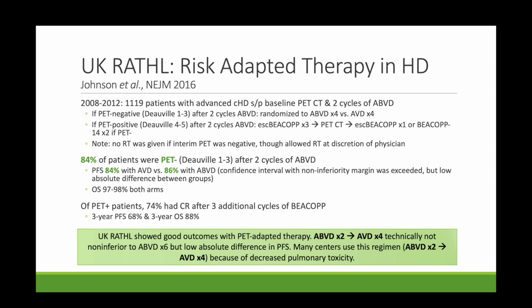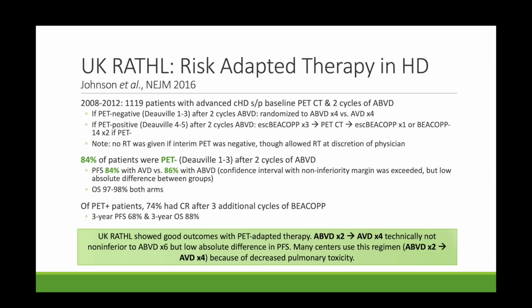And so ABVD times 2 followed by AVD times 4 is a regimen that is utilized in the US because we understand that the PFS was not non-inferior. However, the absolute difference was very low. The overall survival was extremely comparable. And we get to drop that bleomycin. And this regimen also does not utilize any radiation. So this was sort of the interpreted conclusion of UK RATHL.